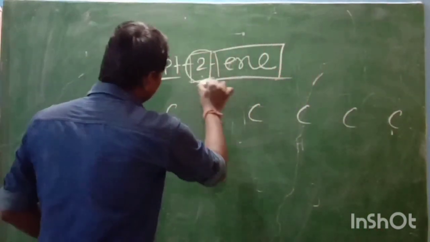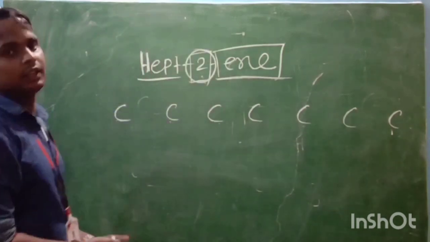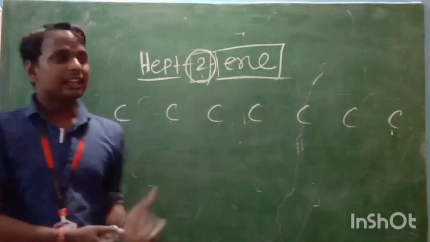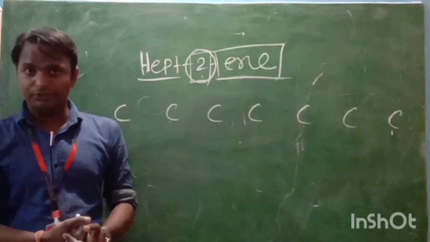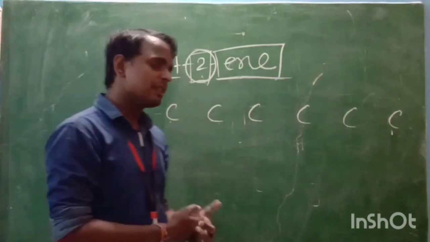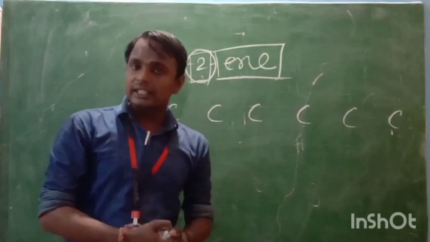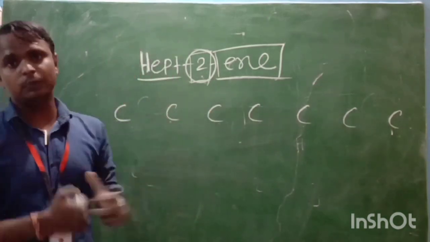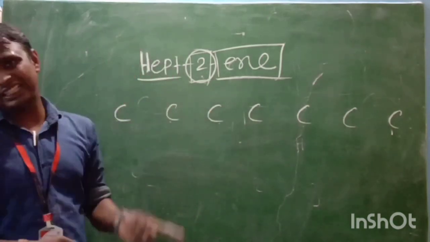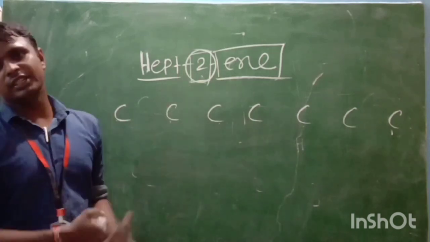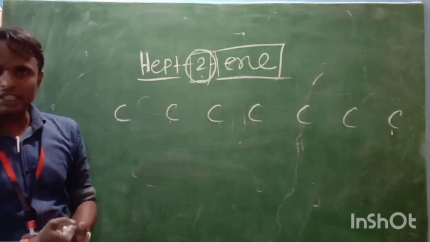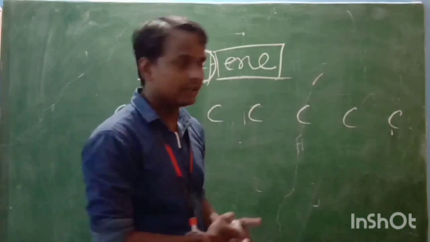Next, here the position of the double bond is given. So we can't write the double bond in the first position. We must write the double bond in the second position, because in the question the position of the double bond is given.